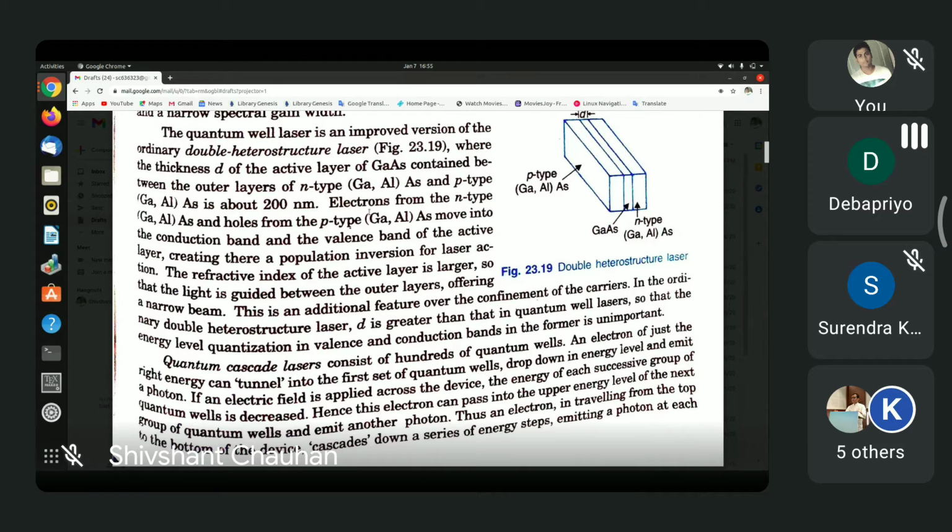If you apply such a voltage across a whole stack of such quantum wells, then the electron moves from the top, because the electron moves in the direction opposite to the direction of the applied voltage. As the electron moves from one quantum well to the next, it gradually loses energy, and in each quantum well, as it recombines with holes, it loses some energy. So it progressively loses energy in a step-by-step fashion.